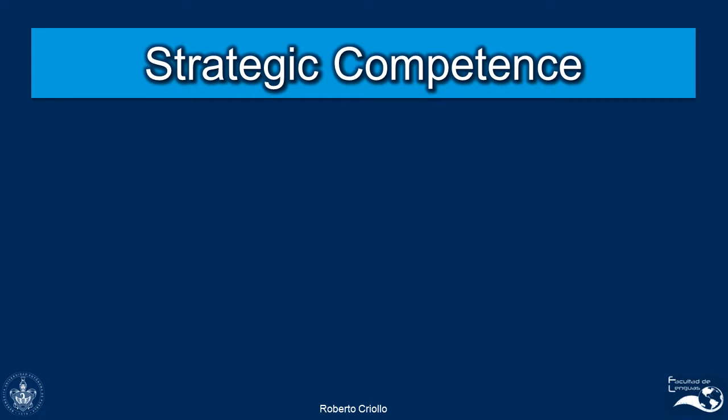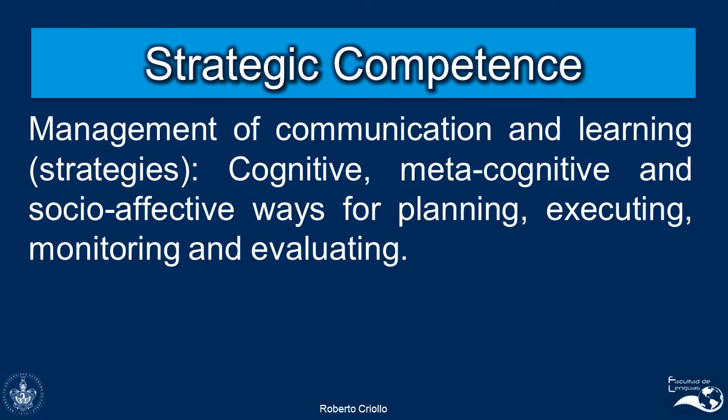Finally, strategic competence refers to the management of communication and learning. That is, all of those cognitive, metacognitive, and socio-affective ways that we use to plan, to execute, and to monitor, and finally to evaluate all of our linguistic behavior.